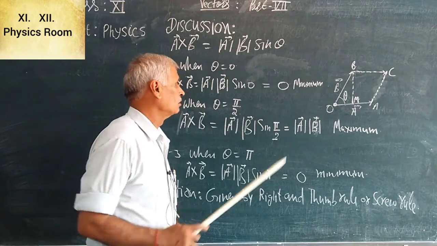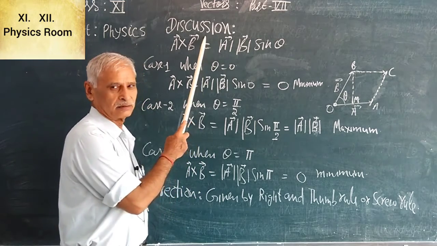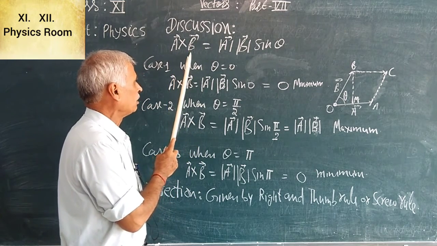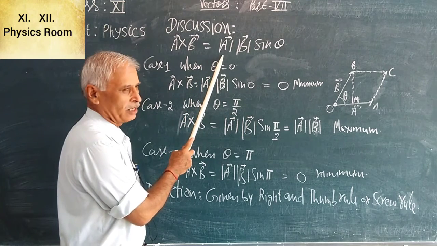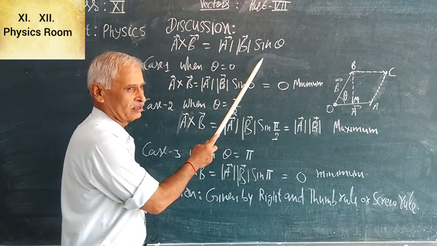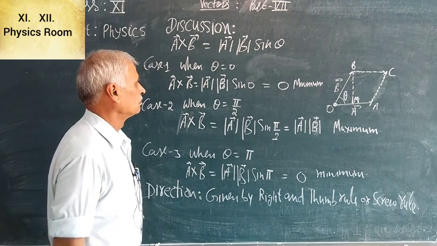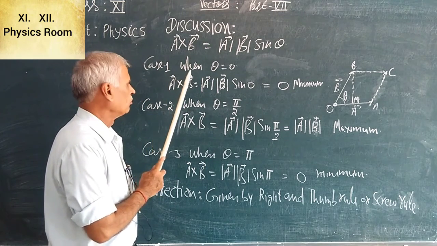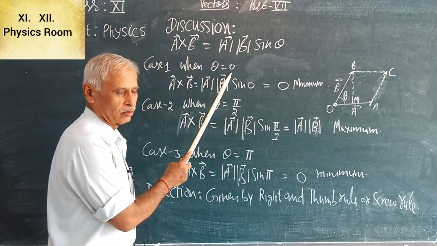Now we come to the discussion. A cross B is equal to mod A mod B sin theta. Case 1, when theta is 0.